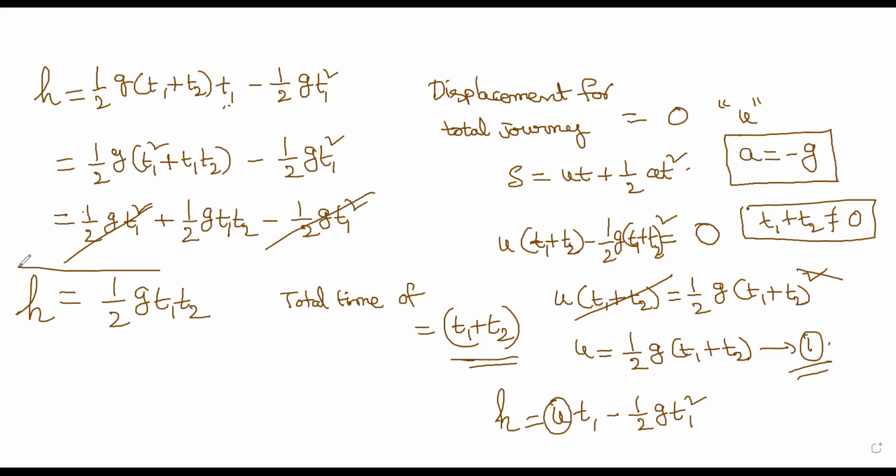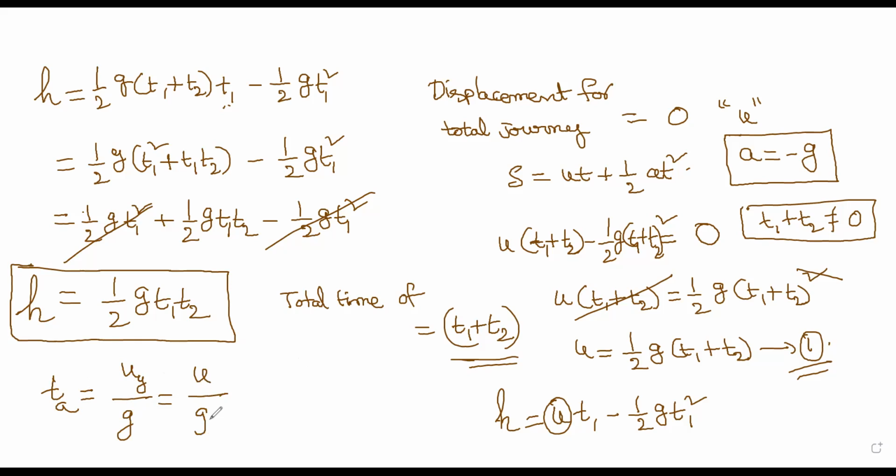That's the required answer. But there is another thing. What is the time it took to reach the maximum height? That also we'll solve now. The time it took to reach the maximum height is called the time of ascent, given by uy divided by g. uy is the vertical velocity in the y direction, which is u only here.